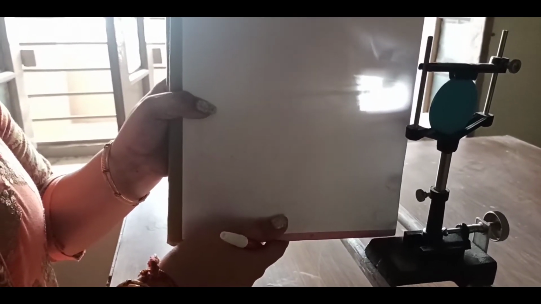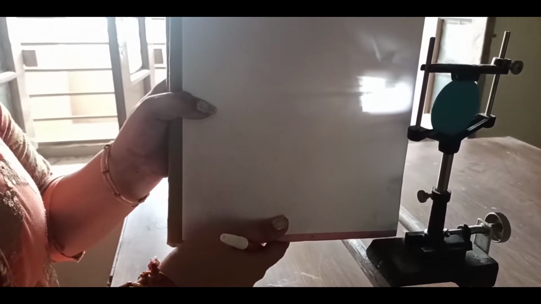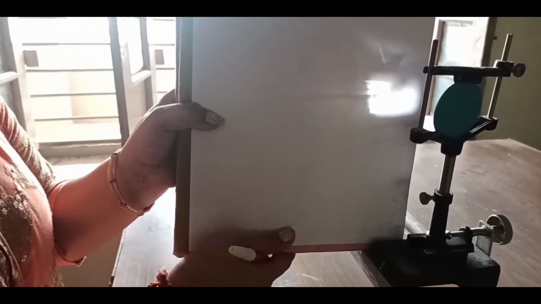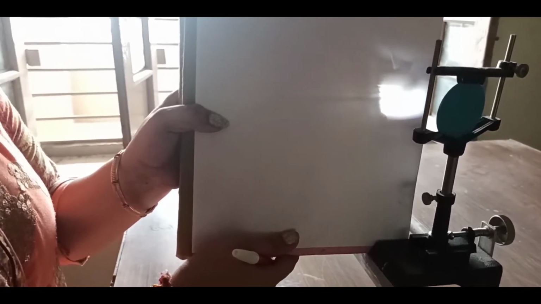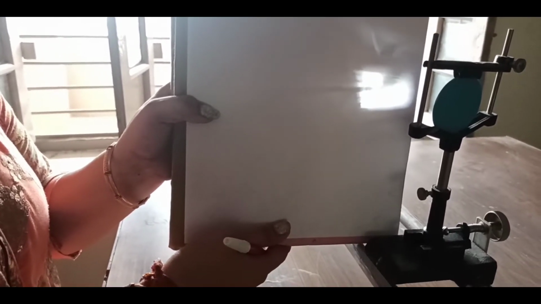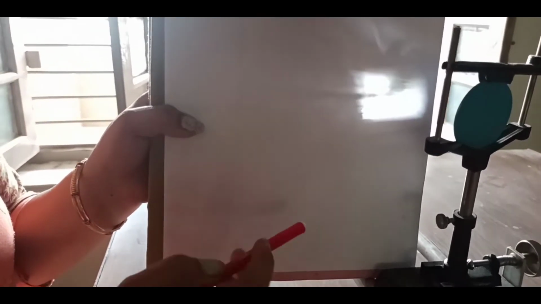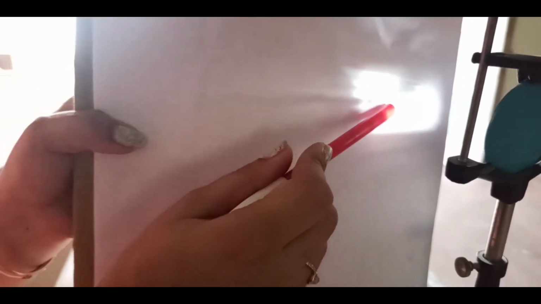Where we get the point size clear image, that will represent the position of the focus. You can see that this is the image of the tree. It is an inverted, point size image, and it is very clear at this position.